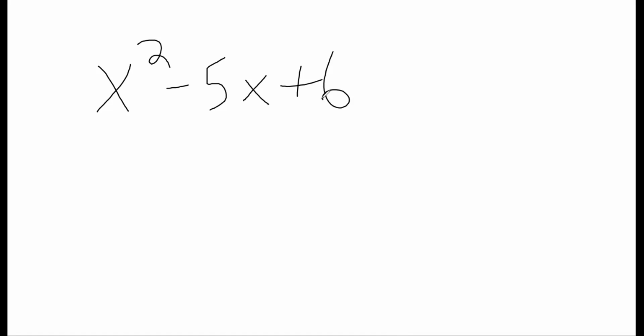So x squared minus 5x plus 6. We remember, since there's a 1 in front of the x squared term, it's 1 times 6, which is 6. We're looking for two numbers that multiply to 6, but when I add those same two numbers, they come out to negative 5.